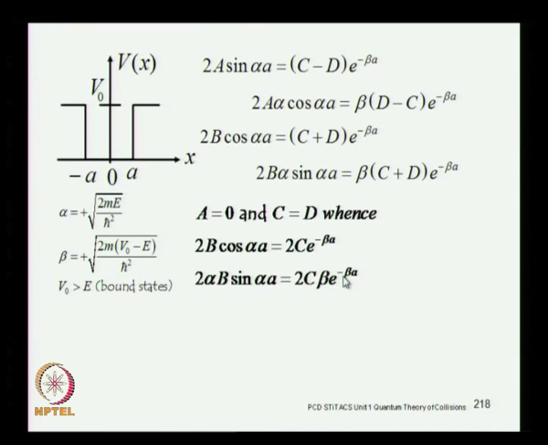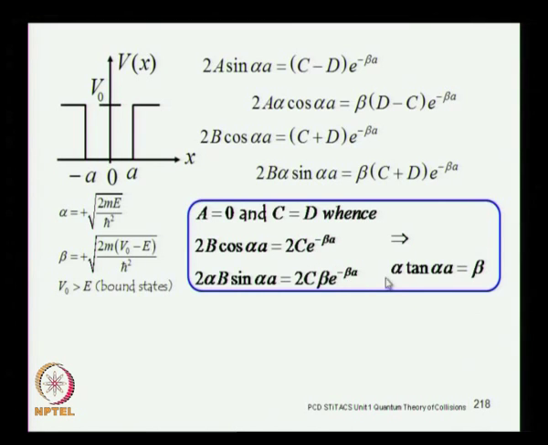So, this is one class of solutions that you get. What essentially it means is that you can strike off the factor 2, and you get alpha tan alpha a equal to beta. That is the relationship that you get.